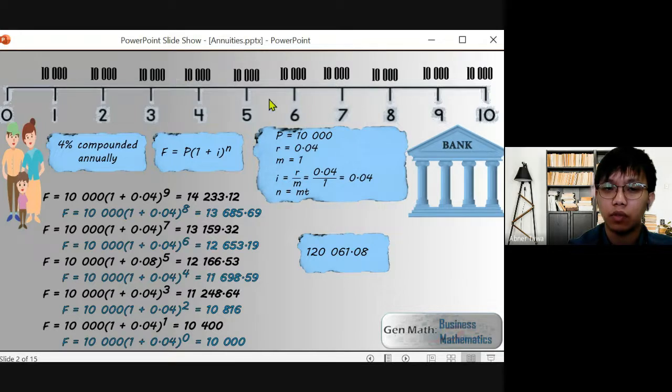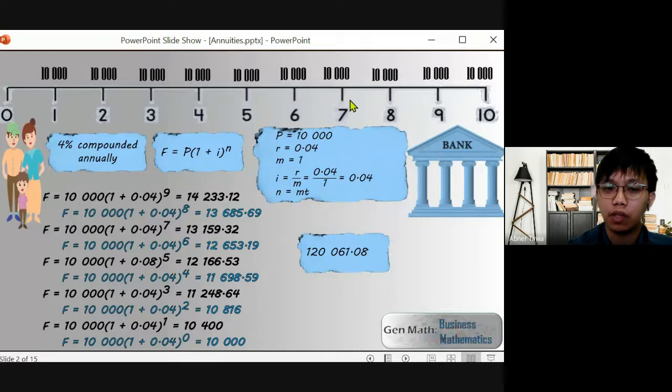Again, annuity is a series of equal periodic payments wherein the interest on each payment is compounded. It is a series of payments of 10,000 for a long period, here 10 years. Since it is periodic, the payments repeat: 10,000, 10,000, until the 10 years.